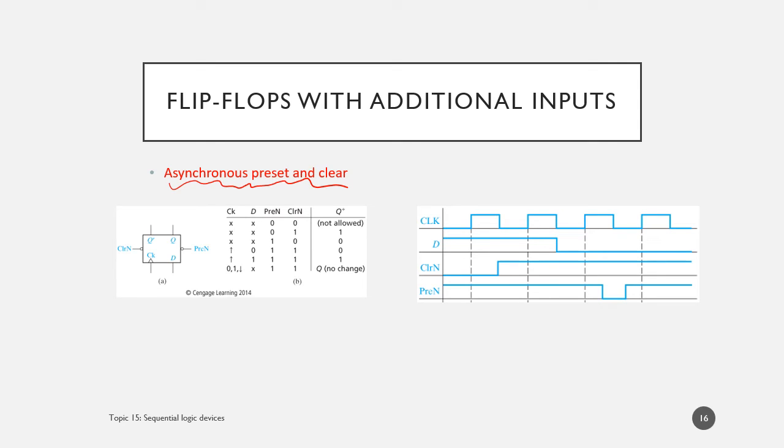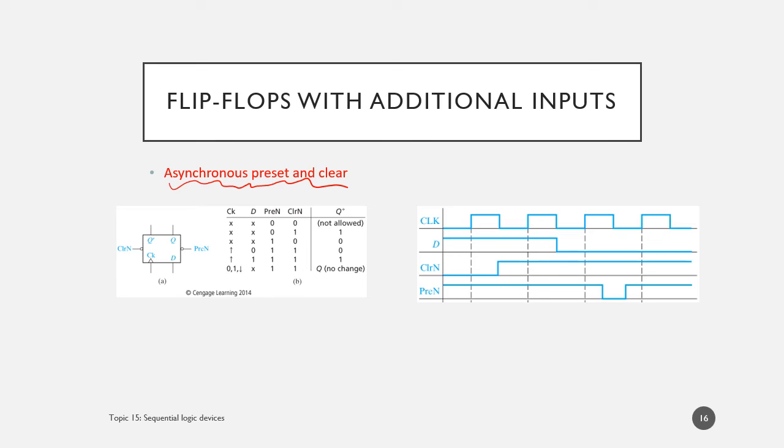Asynchronous basically means those inputs are not controlled by the clock, unlike the D input. Remember, when we use the flip-flop, we have to wait for a clock edge to come so the output can follow the D input, right?